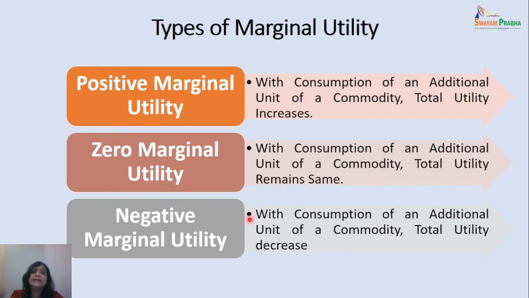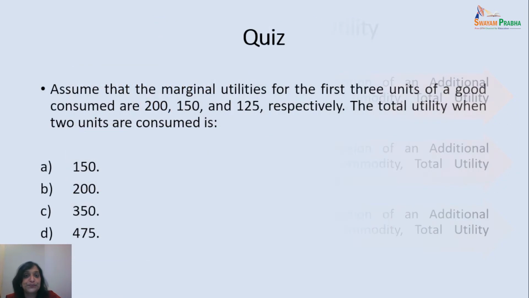Total utility of 4 units was 5, total utility of 5 units is 3, meaning your total utility has declined. So your marginal utility is 3 minus 5, meaning minus 2. It is negative, and it is of course possible that your marginal utility is negative. We will see this subsequently in this lecture.